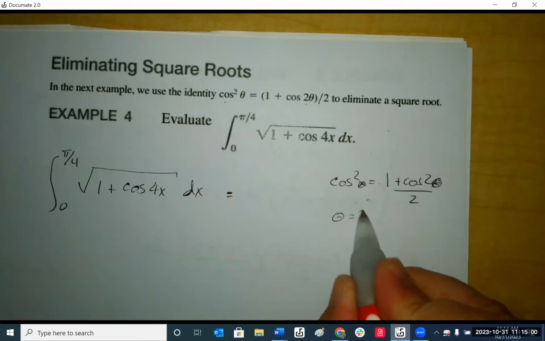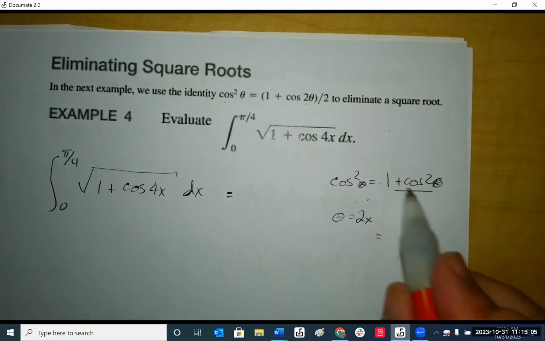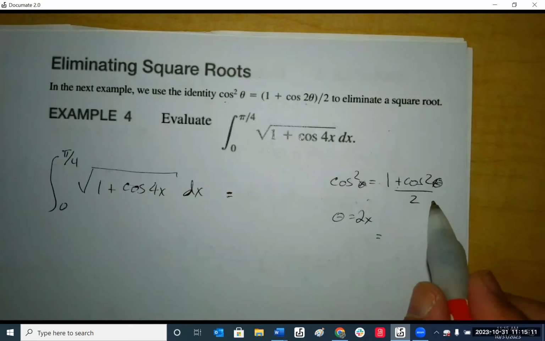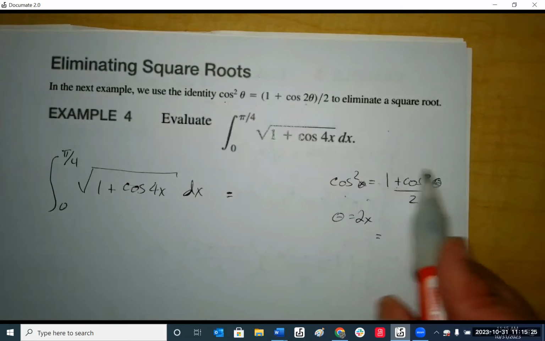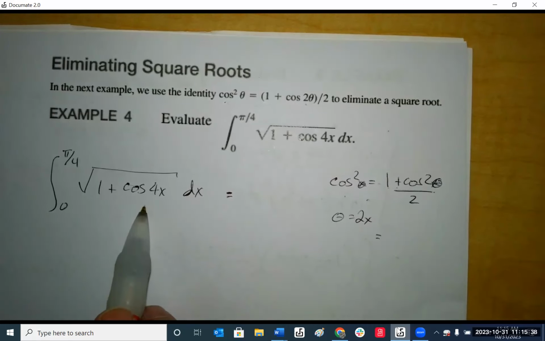We're saying that theta is 2x. So we'll see 1 plus cosine 2 theta is the same thing as 4x.